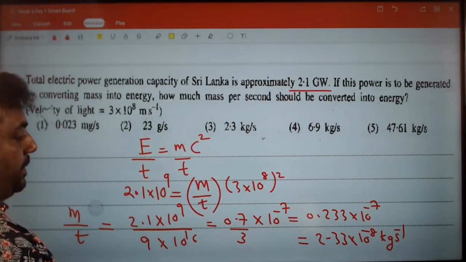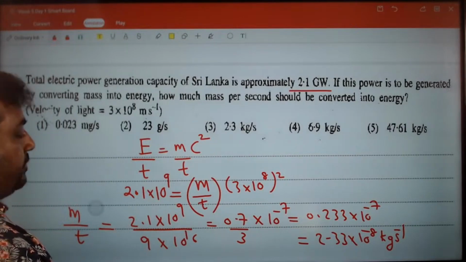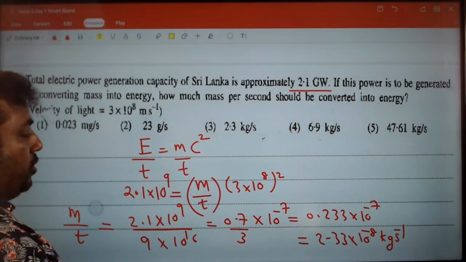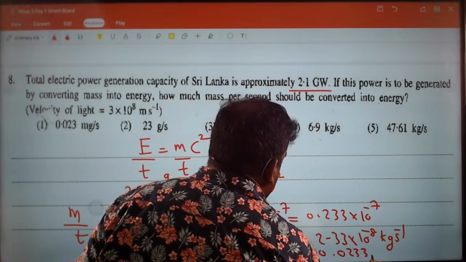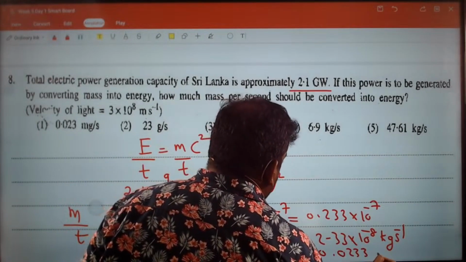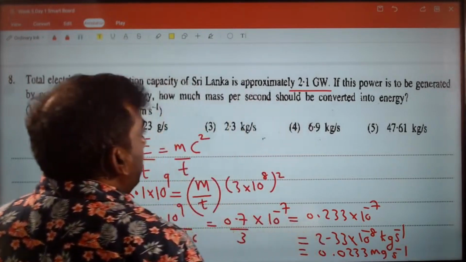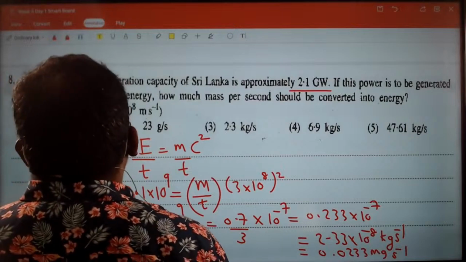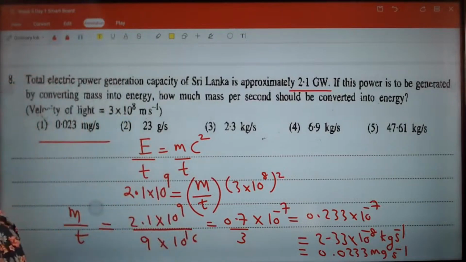Kilogram per second is not in the options, so 10 to the power 3 times 10 to the power minus 5 gives 0.0233 times 10 to the power minus 3. That's milligram per second. There you go. Answer number 1.